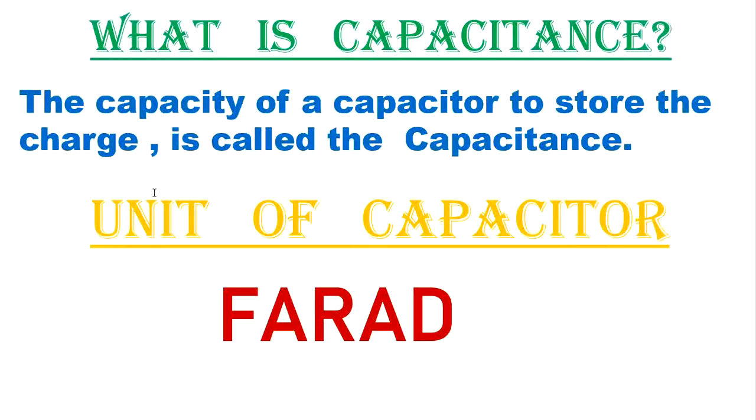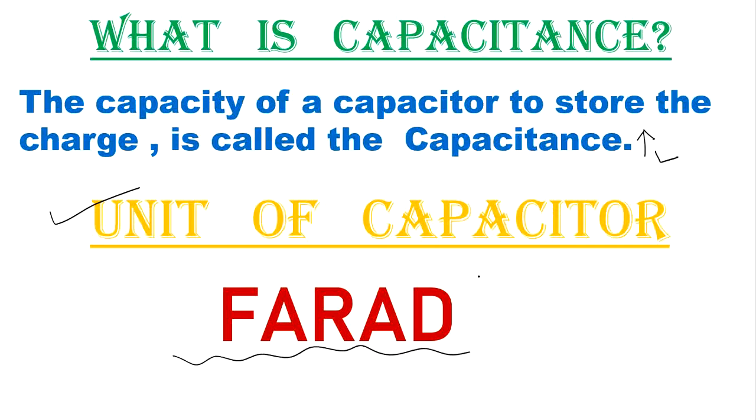Let us now discuss what is capacitance. The capacitance is the capacity of the capacitor to store the charge. If the capacitor has higher value of capacitance, that means it can store more electrical charge than a capacitor having lower value of capacitance. The unit of capacitance is farad.